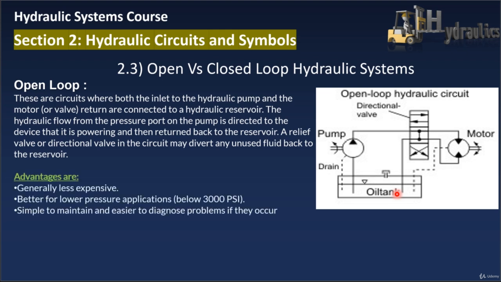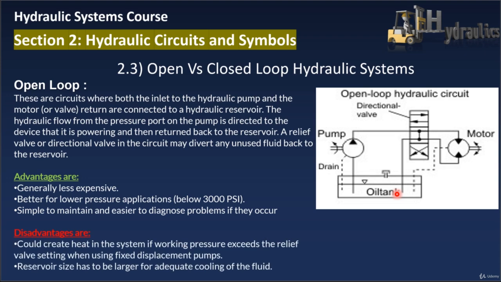The main advantages of open loop circuits: they are generally less expensive compared to closed loop systems, better for low pressure applications below 3000 psi, and simple to maintain and easier to diagnose if problems occur.